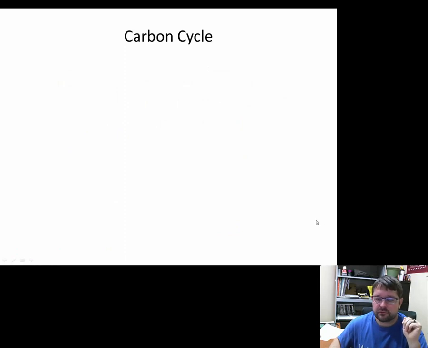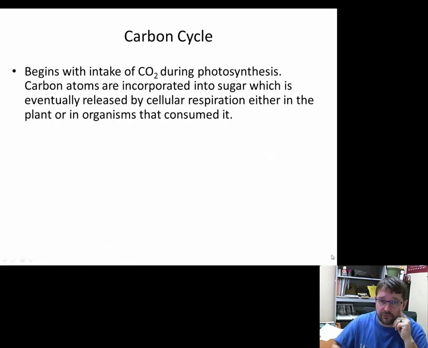So let's talk a little bit more about the carbon cycle now. So the carbon cycle really starts with carbon dioxide. This is the important player in the carbon cycle. And it can start with carbon dioxide and its role in photosynthesis. So we can start there. So, like I said before, carbon dioxide enters the plant.